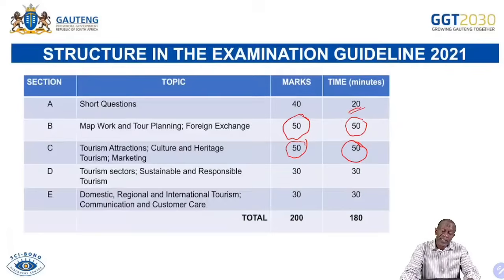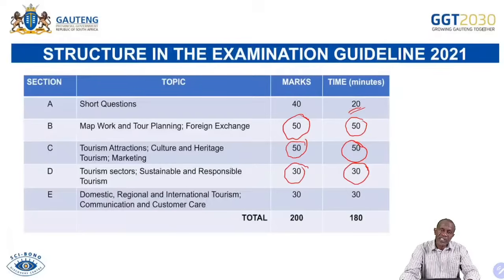Section D, you have tourism sectors, as well as sustainable and responsible tourism, and these topics are allocated 30 marks, and you are required to spend at least 30 minutes.